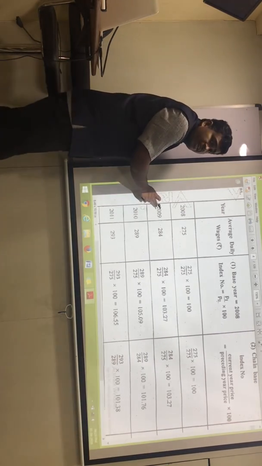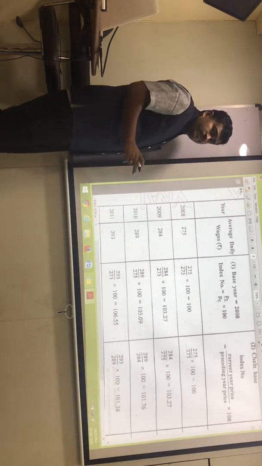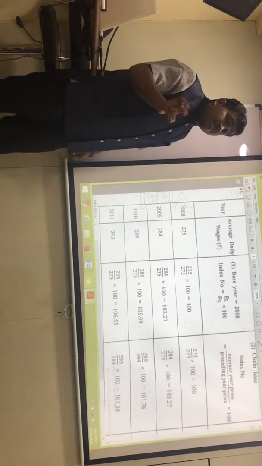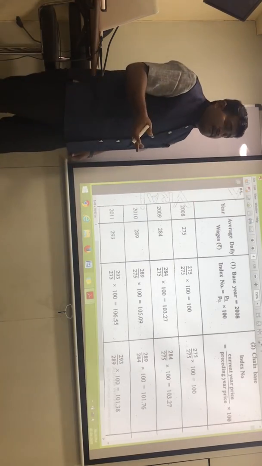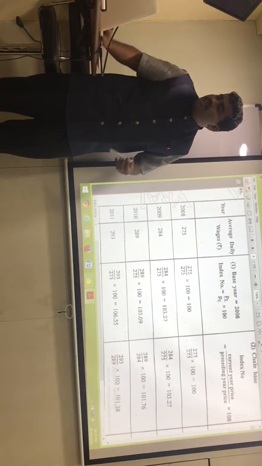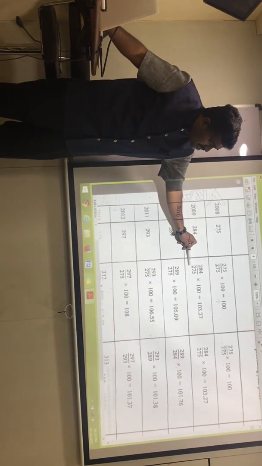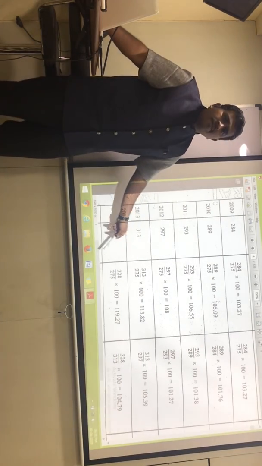Now for 2009. So what is 2009? How we have to go? 284. 284 divided by base year. What is the base year? 275 into 100. So what you can see in this sum? You can see that every year, the base year, you can see 275, 275, 275, every year 275.